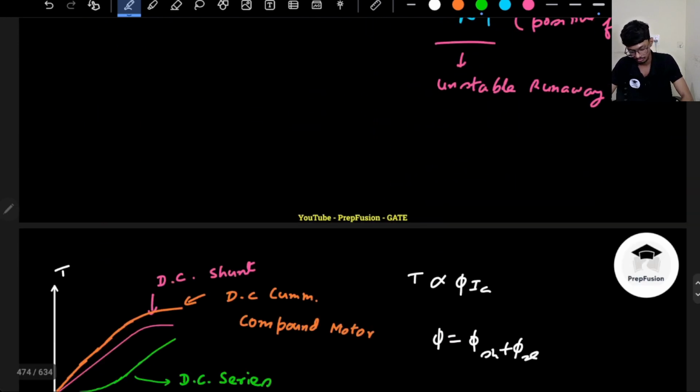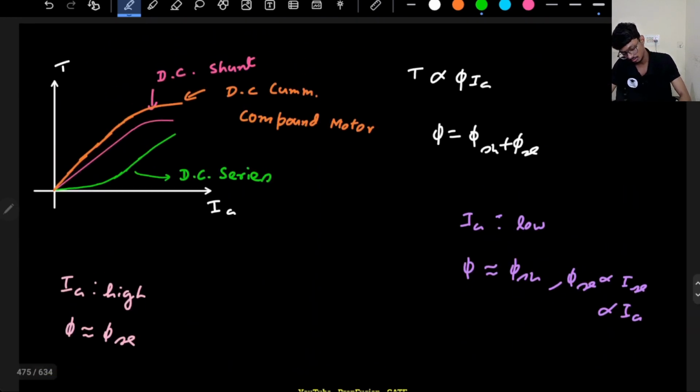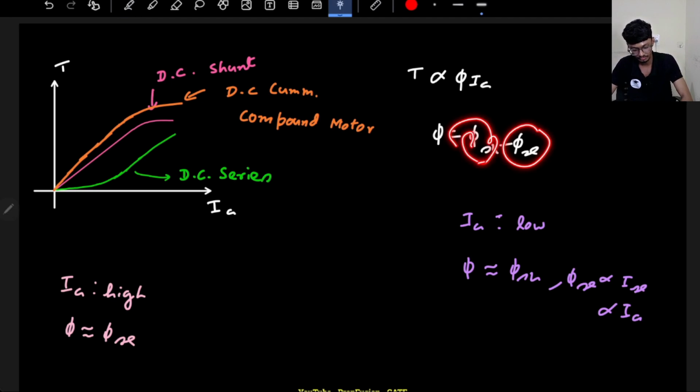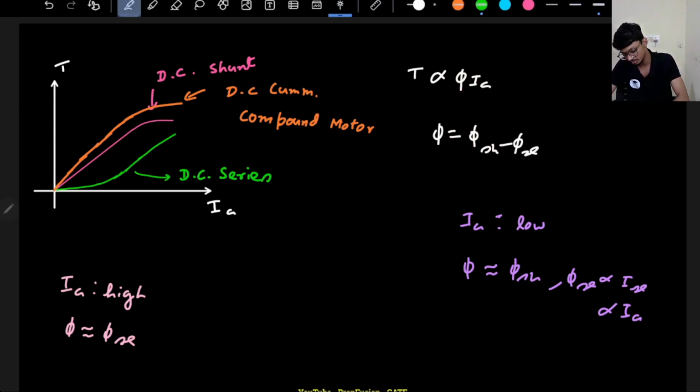Now my flux will be phi SH minus phi SE. So the torque current characteristics will be something like this. Initially, torque is proportional to phi SH into Ia, and phi SH is assumed to be constant. So torque is proportional to current, so initially it will vary linearly.